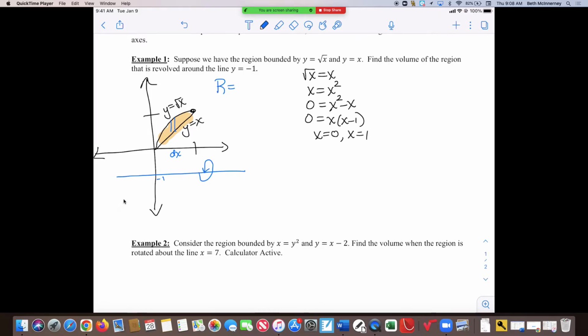All right, anybody want to try? What would capital R be? Logan? Capital R is the square root of x plus 1. Nice job. And what about lowercase r?